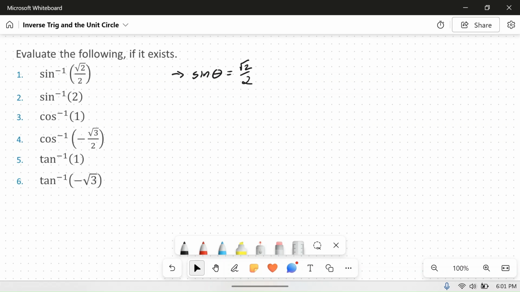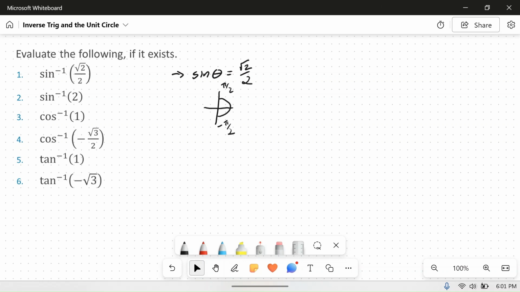For example, the domain and range of inverse sine has been restricted, and so I know that when I compute inverse sine, I need to find an angle in the right half of the unit circle. So I need to find a value between negative pi over 2 and positive pi over 2.